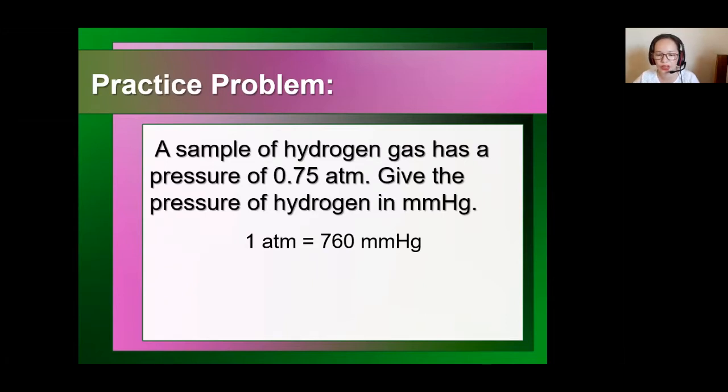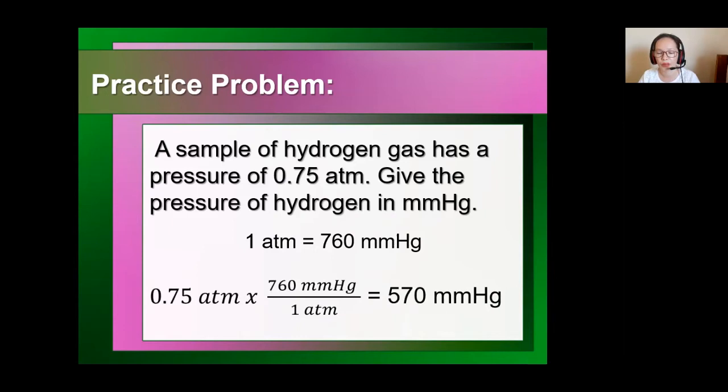For every 1 atmosphere there are 760 millimeter mercury, so we have to cancel atmosphere. So we have 7,500 times 760, which is 570 millimeter mercury. So getting the desired unit in pressure, we simply do the cancellation technique, making use of the factor, the equivalent of atmosphere to millimeter mercury.